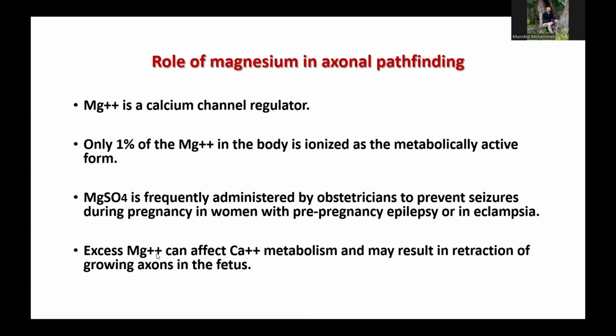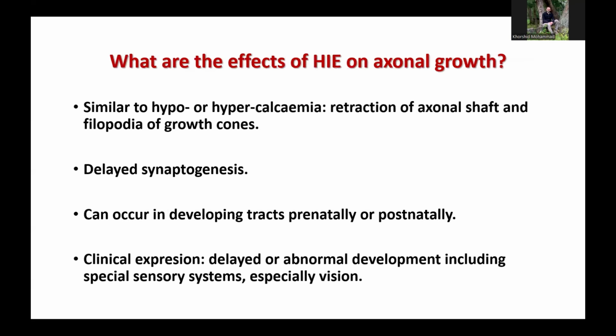But excess magnesium can affect calcium metabolism and may result in retraction of growing axons in the fetus. So if the mother is being given magnesium sulfate to prevent seizures by the obstetrician, you should be aware that the infant may have some problem with axonal growth because of that after birth.